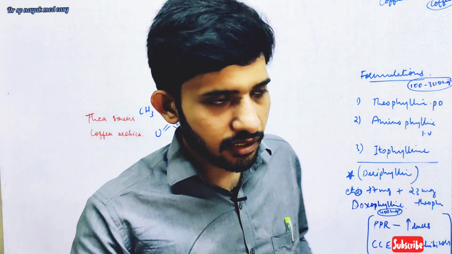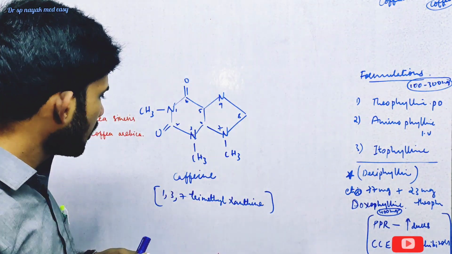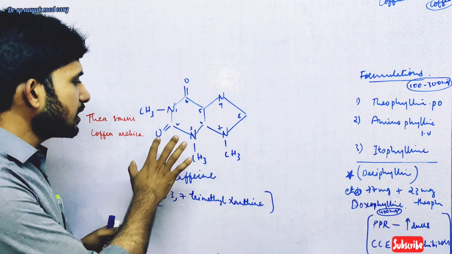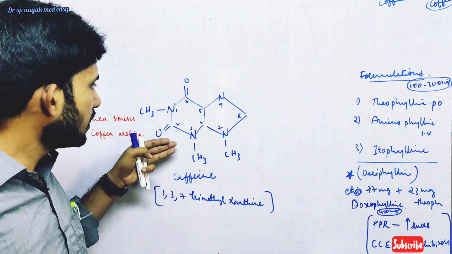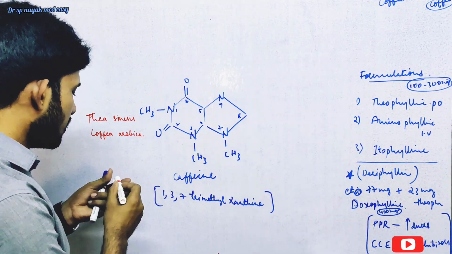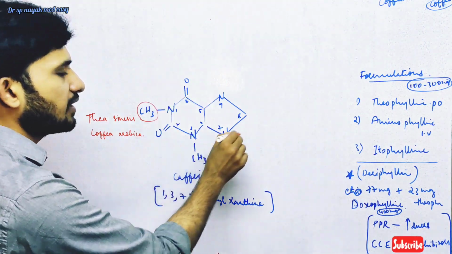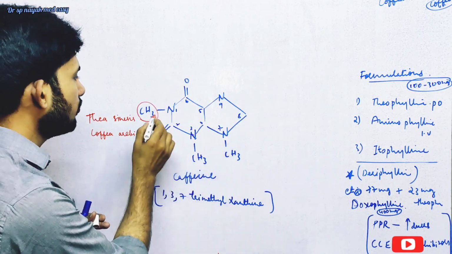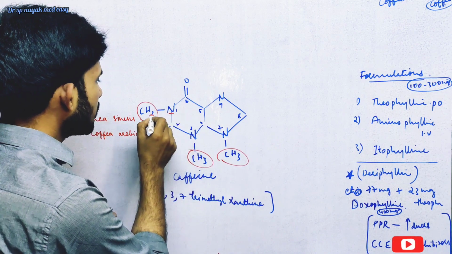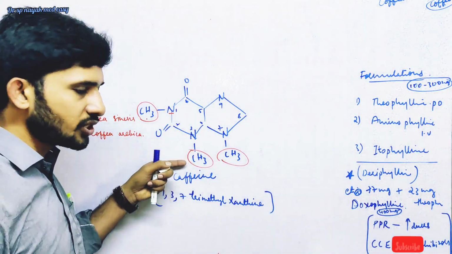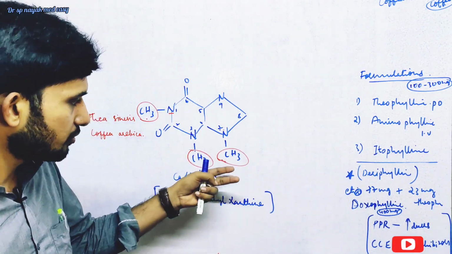In natural methylxanthines we have three different forms, so three different chemical structures. Listen guys, this is a common structure of methylxanthine. This is the basic structure of the xanthine molecule, and in this xanthine molecule we have three methyl groups: on the first position one methyl group, on the third position another methyl group, and on the seventh position the next methyl group.